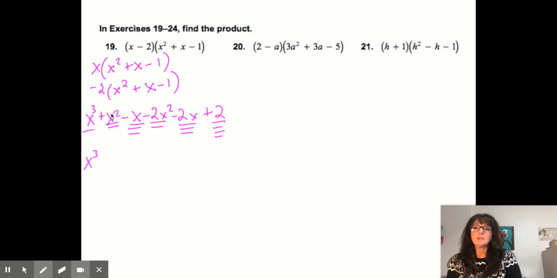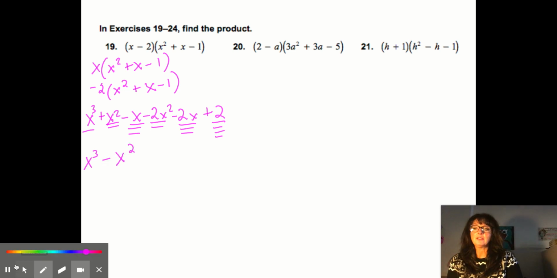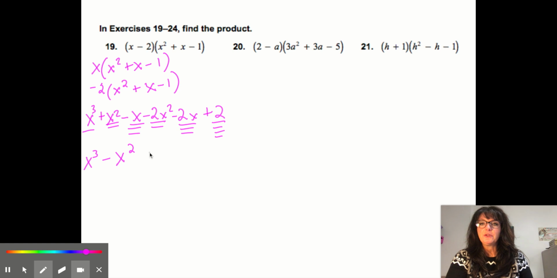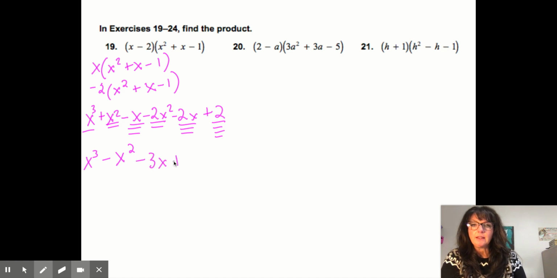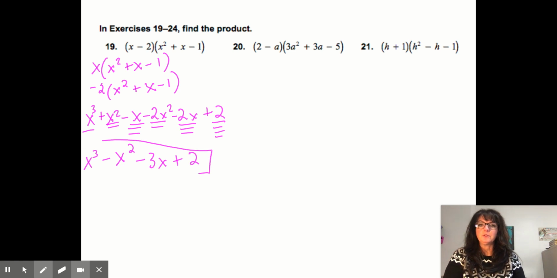So x cubed, and then we have 1 and then minus 2, so we'll have minus x squared. Then our third term is the x, so negative x minus 2x, so we'll have negative 3x. And finally, plus 2. So there should be four terms in this polynomial.